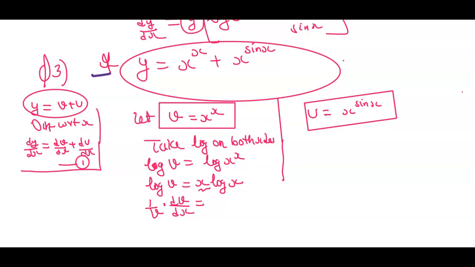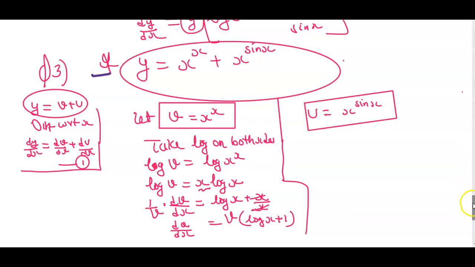Again the product rule, derivative of x is 1, so it is log x plus x times the derivative of log x, which is 1 by x. So it is dv by dx equals v times log x plus 1.